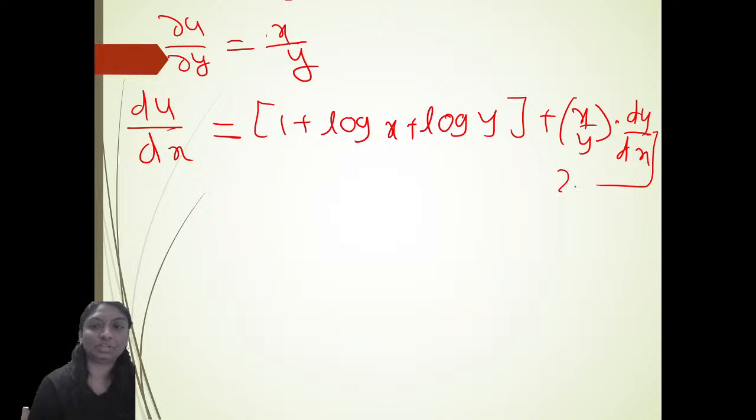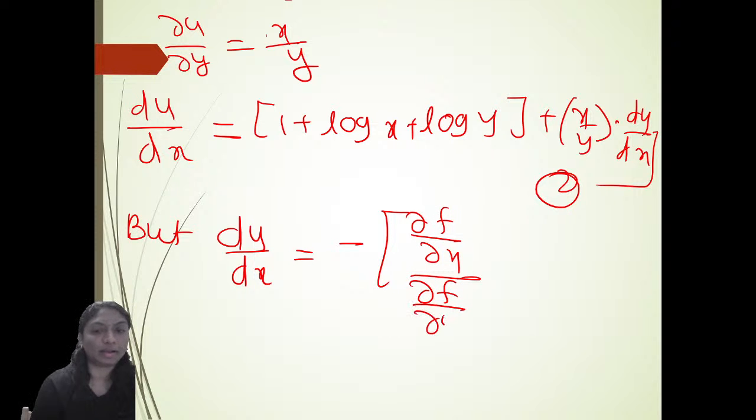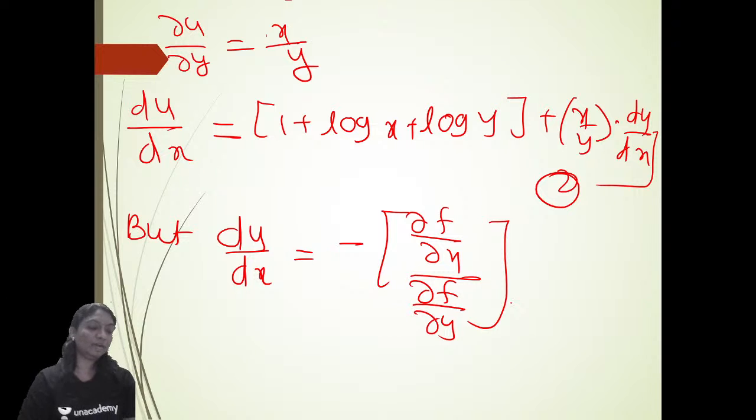All this is equation number 2. But dy/dx is equal to minus ∂f/∂x upon ∂f/∂y. We require dy/dx.